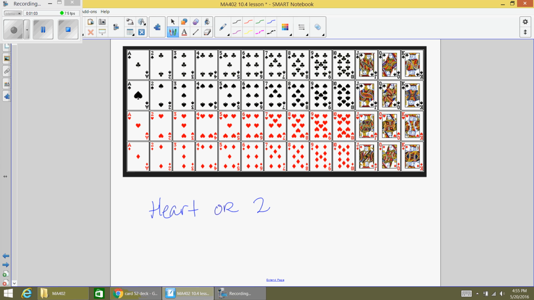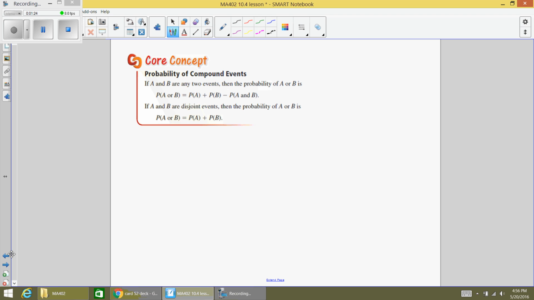Now the thing about grabbing a heart or a 2 is that there is a 2 of hearts. And so your probability is going to change because there is a 2 of hearts. And so that is an overlapping event. Okay, so let's go back here.